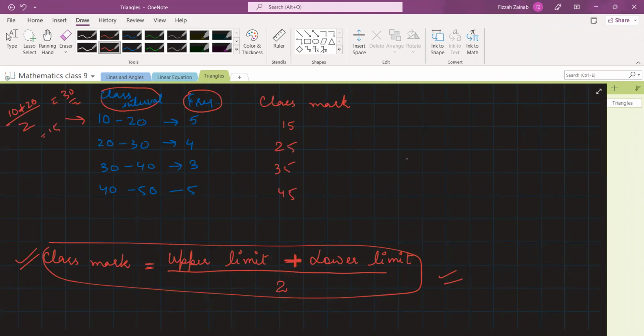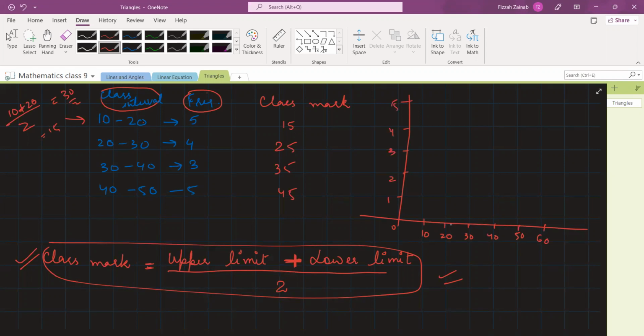How to plot the frequency polygon now? So just a rough sketch. So this is the interval. Let's say 10, then 20, 30, 40, 50, 60. It's like this. This is 0. And then you take 1, 2, 3, 4, and 5, right?